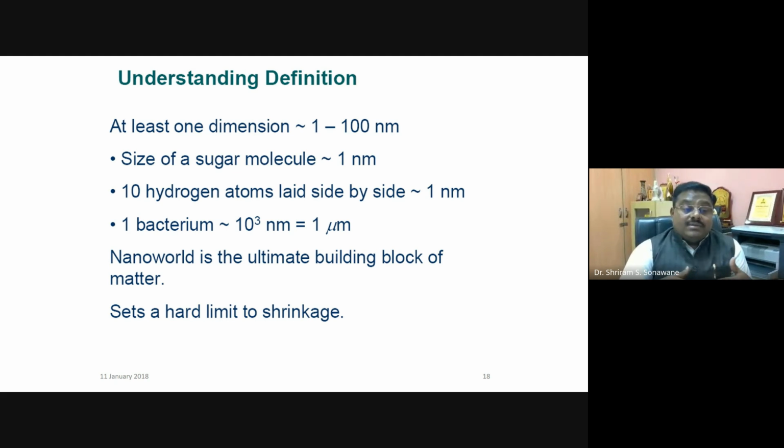That is why hydrogen is a very important element. One bacterium is 10 to the 3 nanometers, that is 1 micrometer, and the nanoworld is the ultimate building block of matter, setting a hard limit to shrinkage. Next slide.